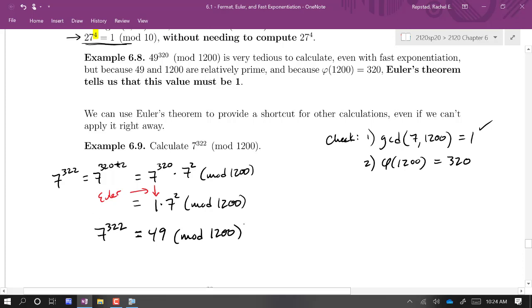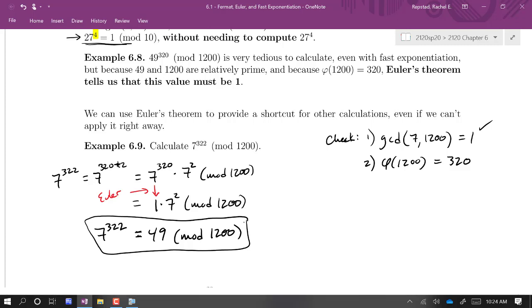We didn't even have to do the table. Sometimes we'll still need to use that table to help us out, but Euler's theorem can initially have the effect of reducing the exponent that we're trying to work with, taking out all factors of phi of n.